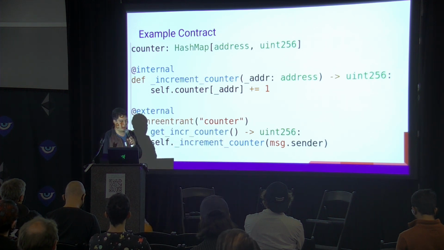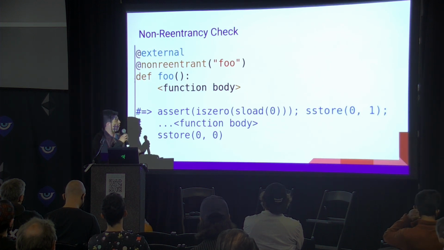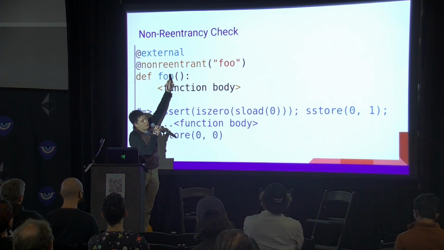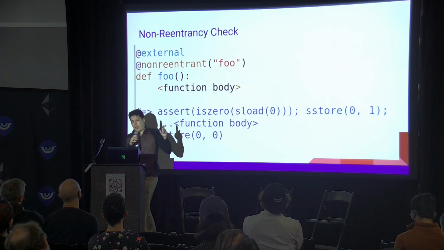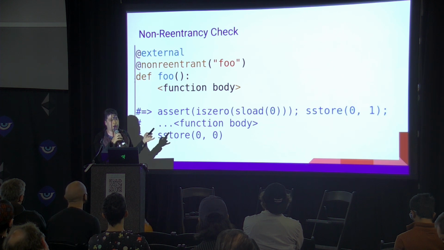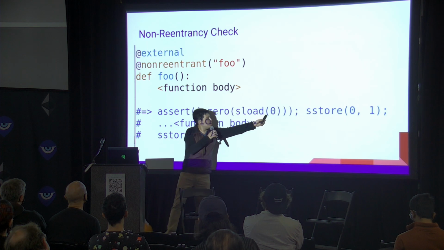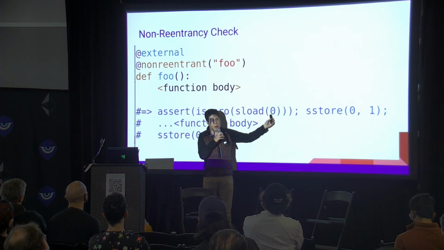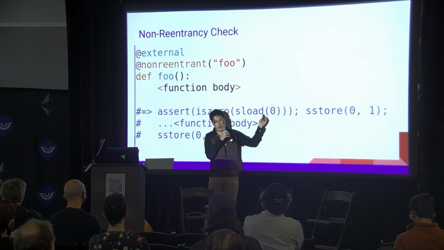I want to go into this non-reentrancy thing a little bit more, because it's maybe not intuitive exactly how it works. Basically you use this modifier, and you come up with a key called foo, and it generates this code. It allocates this foo thing to storage slot 0, and as soon as the function is entered, it loads it from storage and checks that it's not set.